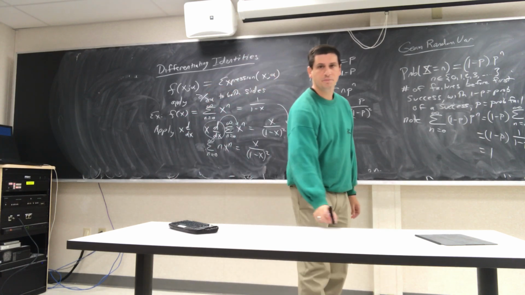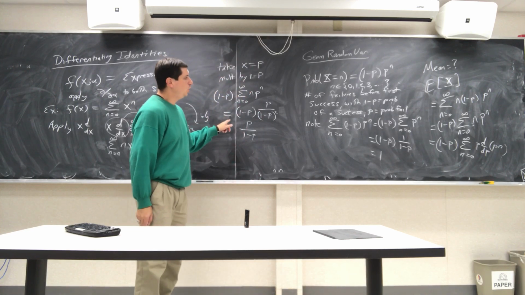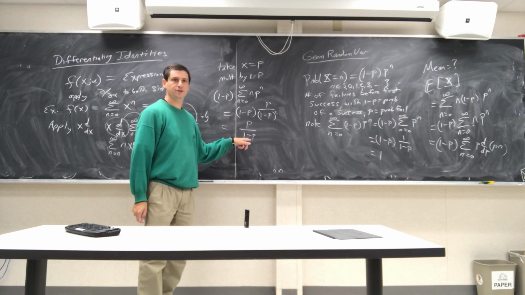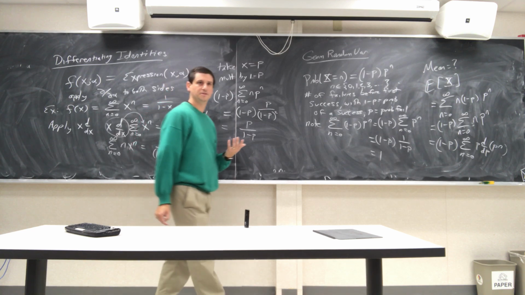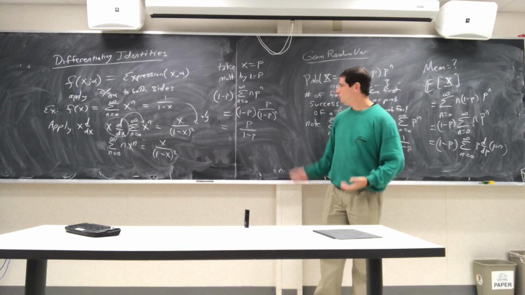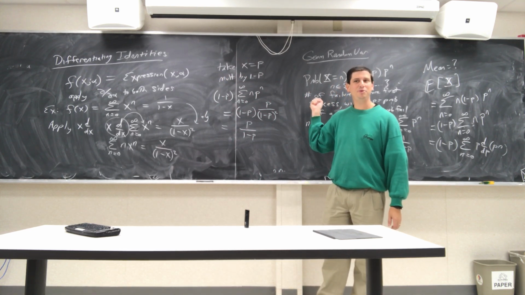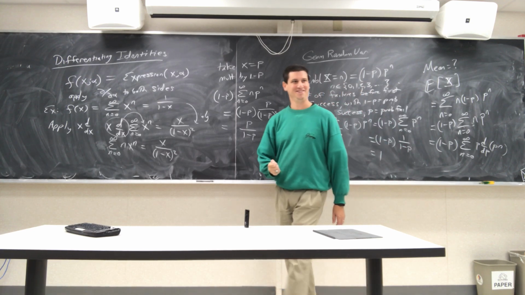I'm going to just move this so that both parts are in focus. The mean of a geometric random variable where you have probability 1 minus p of failure. What's the easiest case to analyze? Zero. So if p equals 0, what's your probability of success? 100%.